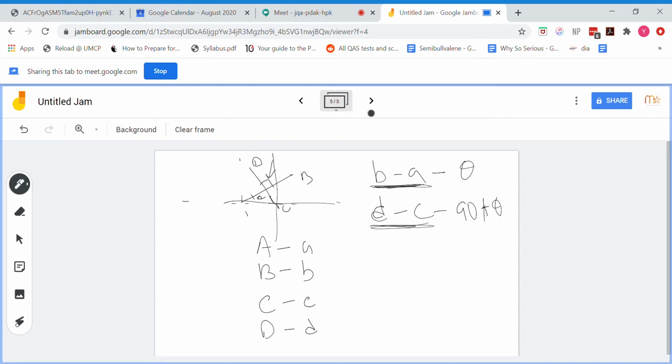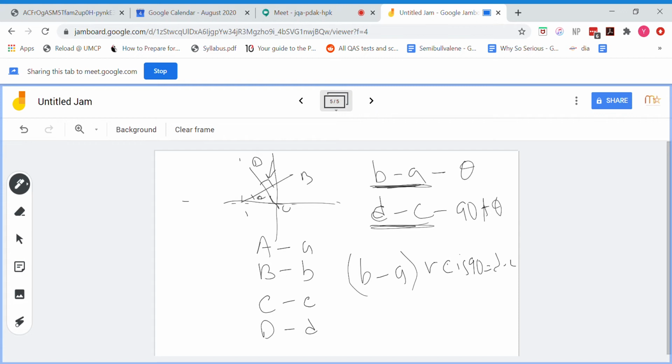So the condition to satisfy for perpendicular lines is simply B minus A times some r cis 90, for some arbitrary r, equals D minus C.